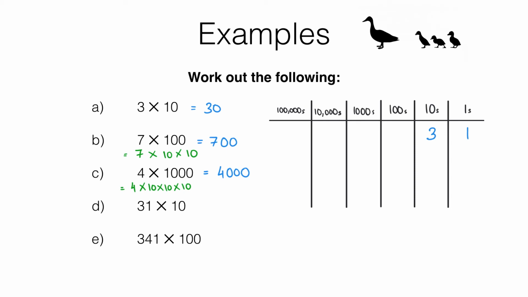So we need to move the 3 1 place value column along to the left. And as we've already seen, to make 1 unit 10 times greater, we just move that 1 column to the left. So we end up with 3 hundreds, 1 ten, and we need a placeholder 0 there. So 31 times 10 is 310. All we are doing is moving each digit one place value column along to the left.